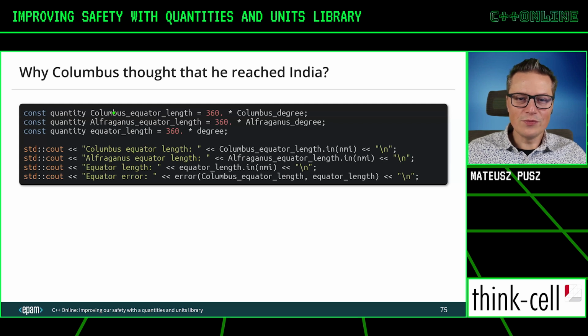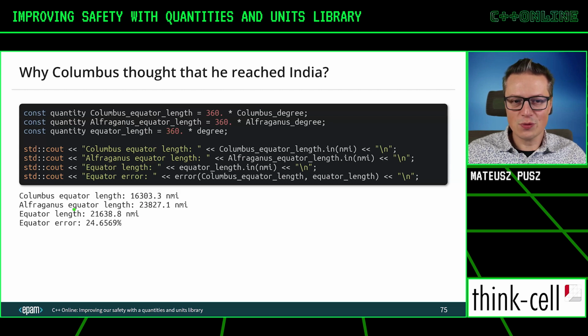Next, we have the equator length based on those different degrees that we mentioned, or lengths of 1 degree, right? Because it's not an angular unit this time, we just want to express the length of 1 degree. So we are calculating how long the equator should be. And actually we end up that the equator, according to Columbus's estimations, was 1,600 nautical miles.